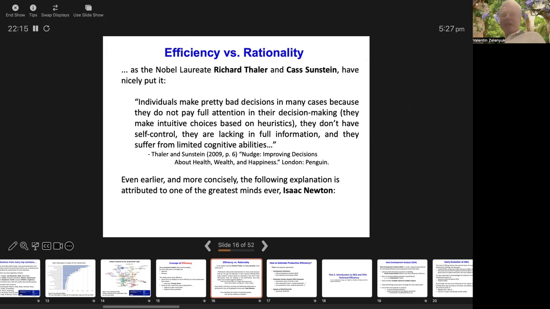He thought he would be able to figure out how to make money in the stock market. And he was trying to buy some stocks and apparently lost a lot of money because his calculations were showing they should go up, but they went down, down, and down. And at that time, people asked him, how come that you're so smart and you didn't win on the stock market? And he said, well, I can calculate the motion of heavenly bodies, but not the madness of people. So this is a very concise phrase, basically meaning the same thing.